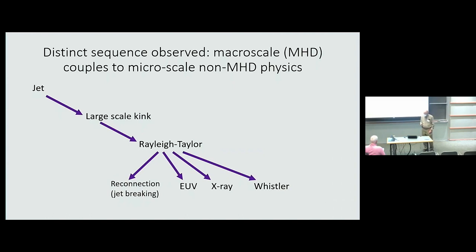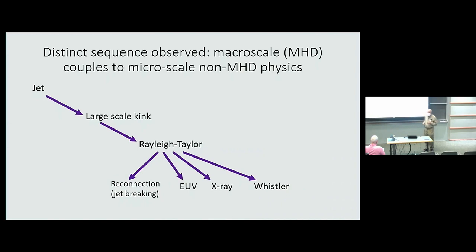So the jet hums along for about 25 or 30 microseconds, and then it becomes kink unstable. There's a threshold for that, and it passes that threshold, and then boom, it goes kink unstable. And the kink grows for about 4 microseconds, and then the kink sets up the conditions for Rayleigh-Taylor instability. The Rayleigh-Taylor instability takes place in about a 1 microsecond time scale.